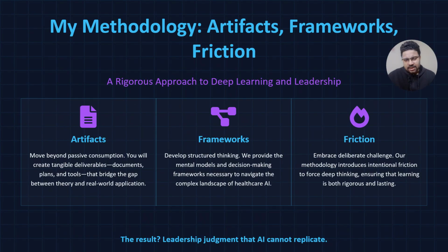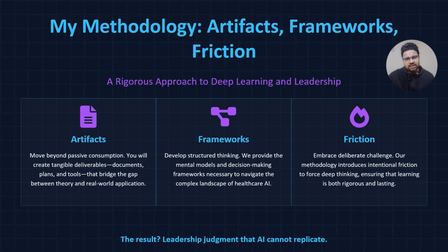So we have established that judgment and not just information is the key. So, how do we cultivate the judgment? The method that I have introduced in this course comprises three pillars. It's called artifacts, frameworks, and friction. You'll create tangible deliverables, documents, plans, and tools that bridge theory and real world application.